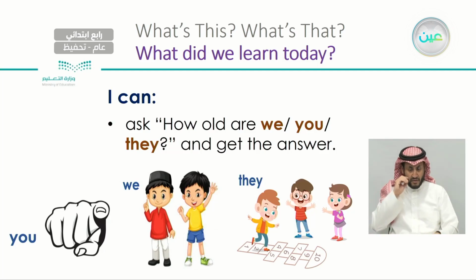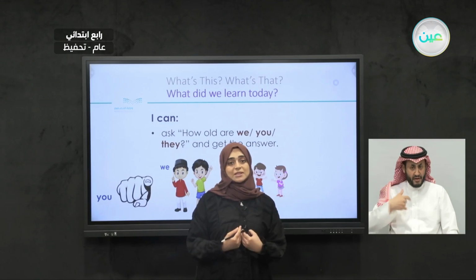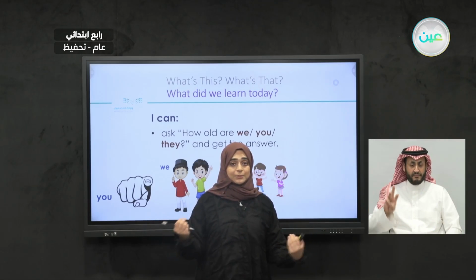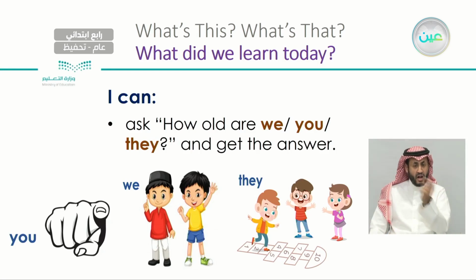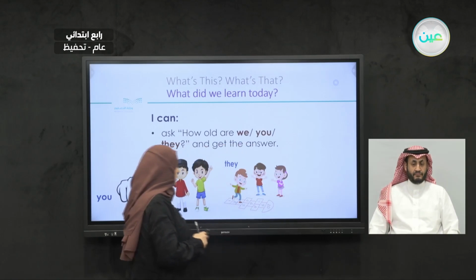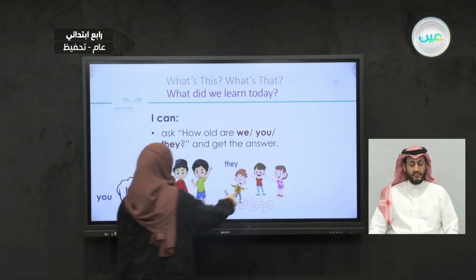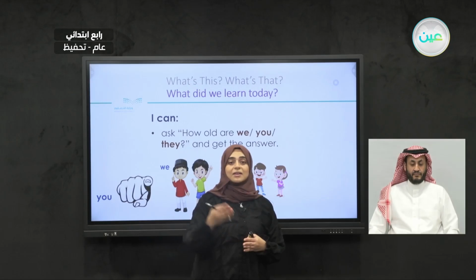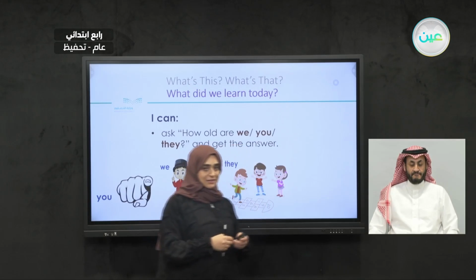We can also use the subject pronoun I, if I'm talking only about myself, or we, if we are a group of people. If I'm pointing at you, I use the subject pronoun you. Also, we're going to use they. If I'm talking about a group of people, I'm going to say they. Excellent.